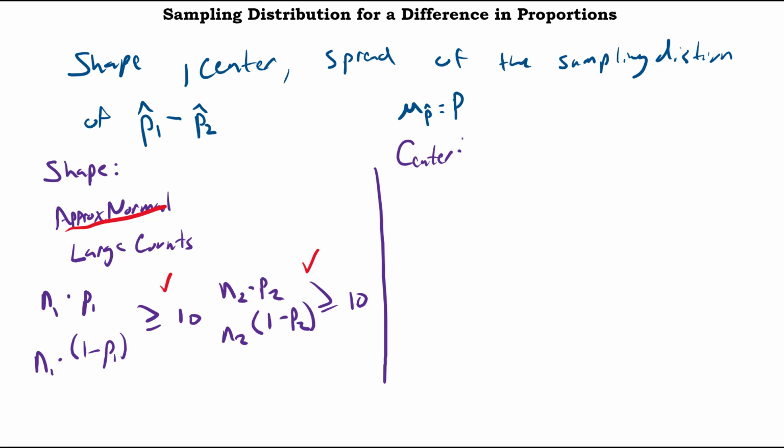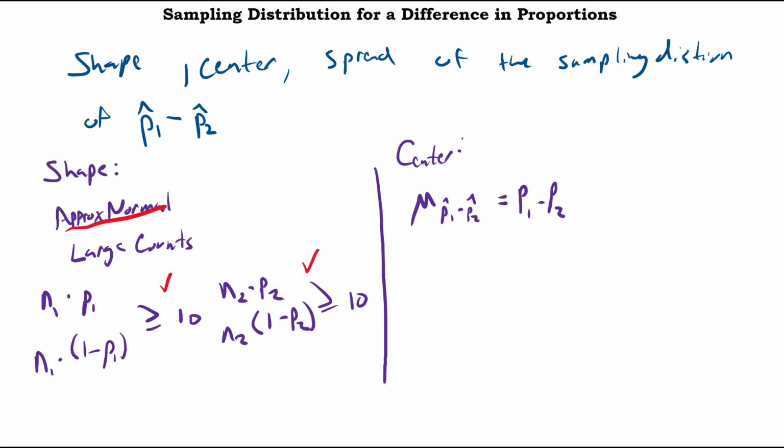Well, that goes pretty much the same way here, except now we've got to talk about it being in a difference. So we're looking for mu of our p hat 1 minus our p hat 2, the mean of our sample statistic. We're going to take proportion 1 minus proportion 2.